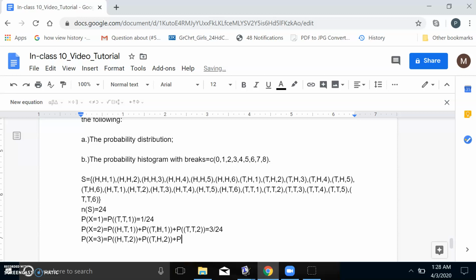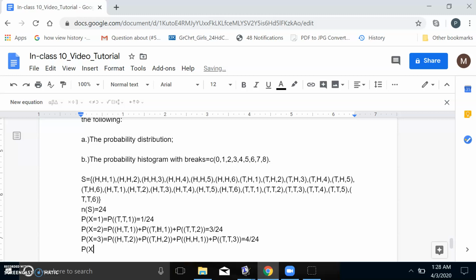Or I could get 2 heads and a 1, that adds up to 3 also. Or I could get 2 tails and a 3. So there's 4 of them, 4 over 24. Okay, move on to the next one.